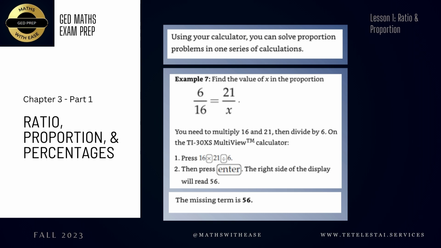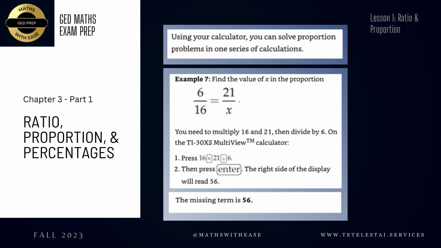Okay, so when you're using your calculator, you can solve proportion problems in one series of calculations. So let's say that you're being asked to find the value of X in the proportion 6/16 equals 21/X.